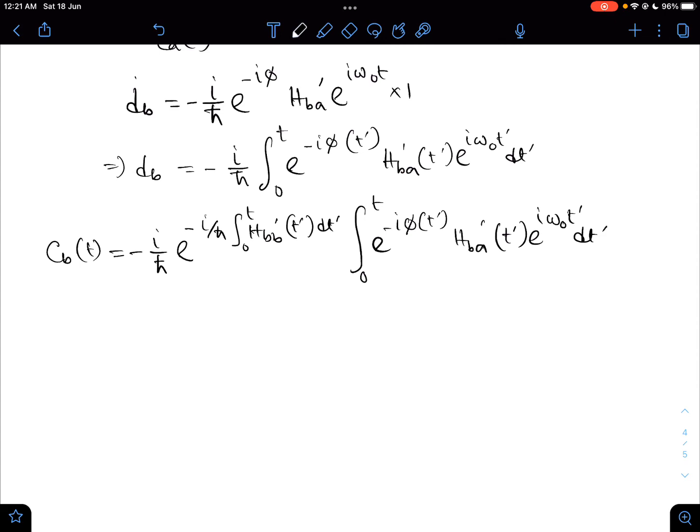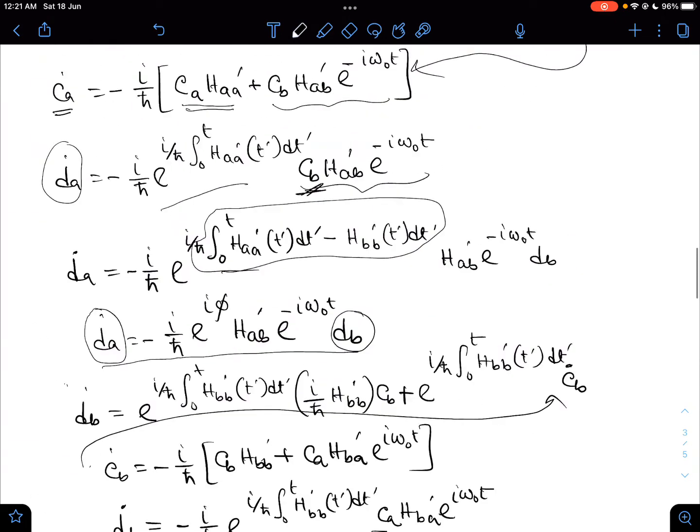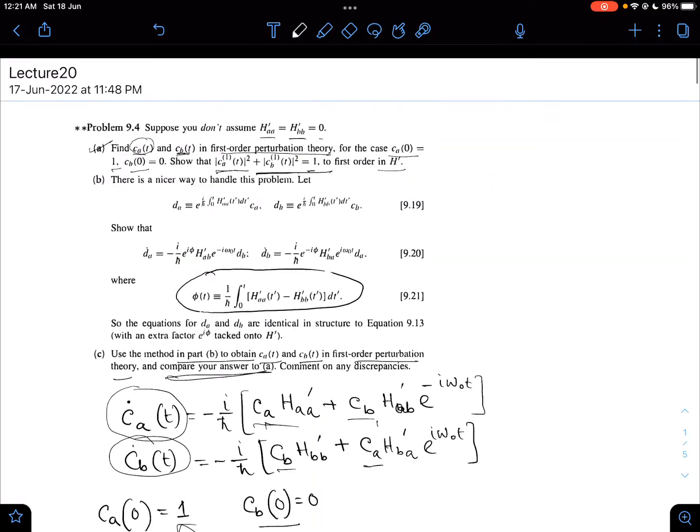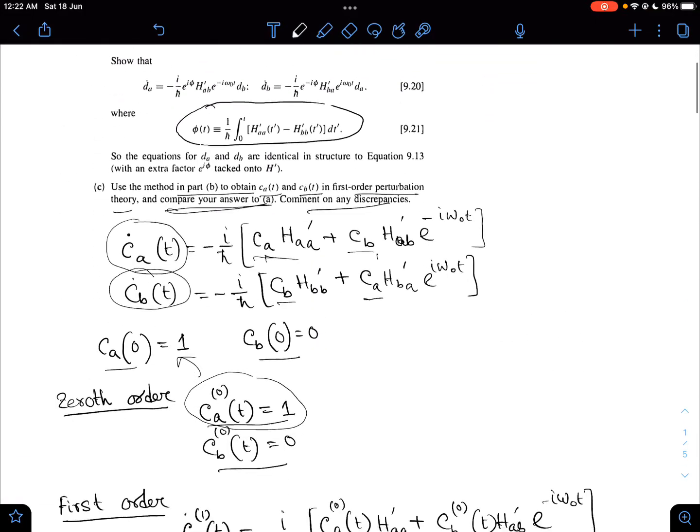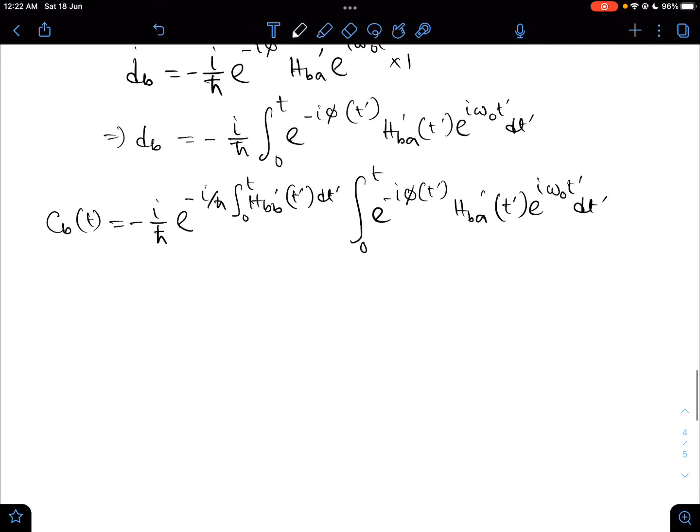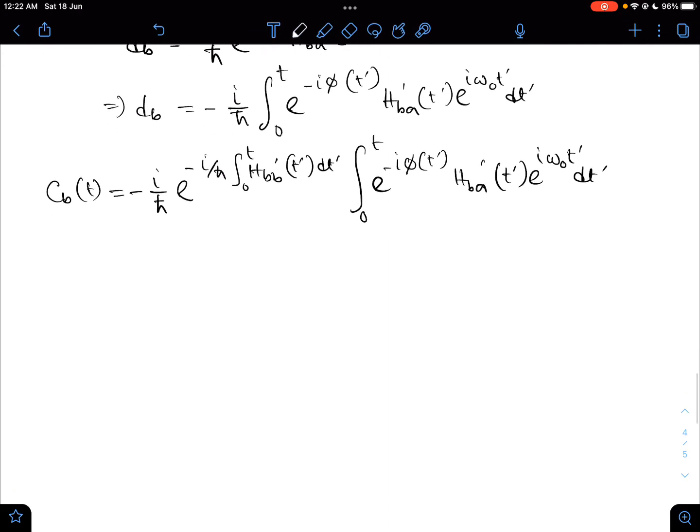So we have to comment on whether there are any discrepancies. If we look carefully, our result in A and result in C don't look exactly similar, but you have to remember that we are working only to the first order in H prime.